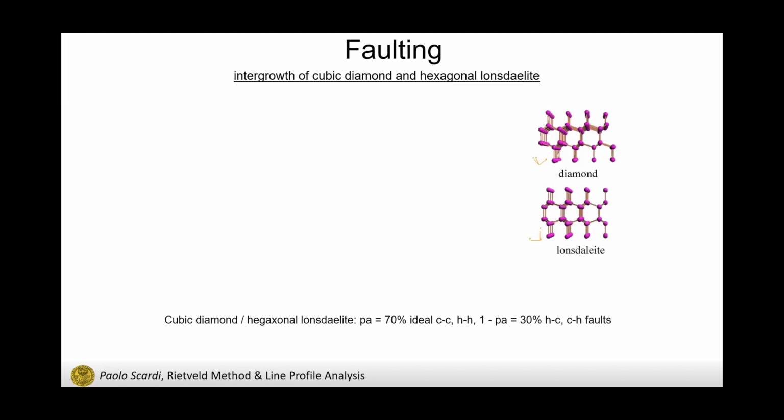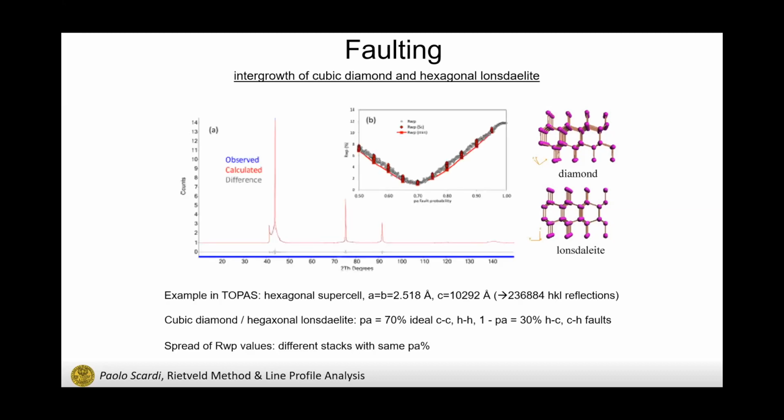Then we simulate the different percentages of probability of faults, and we have a nice minimum at around 70%, and even a certain spread of values, which depends on the fact that, of course, you can realize the 70% with different stacking models, which then make the minimum a little bit flat.